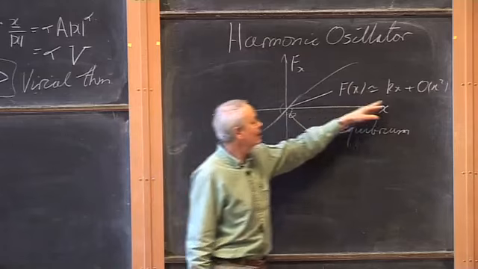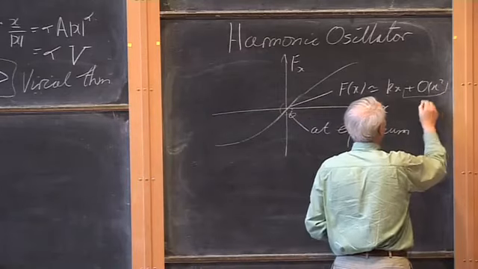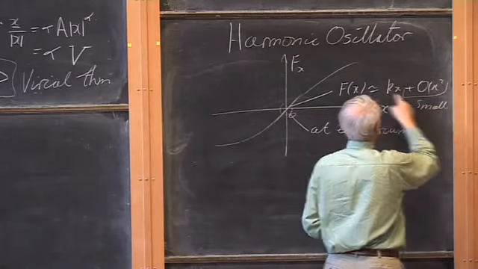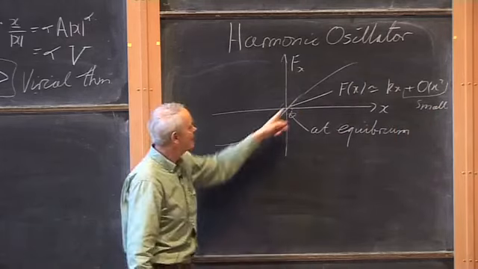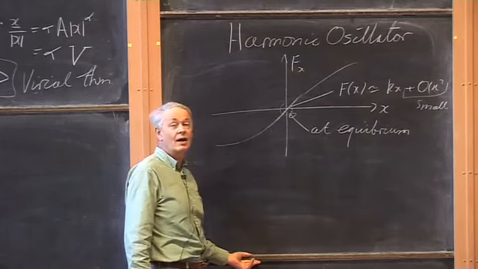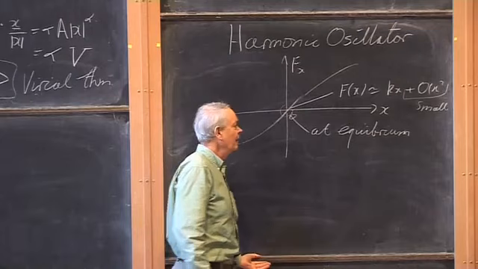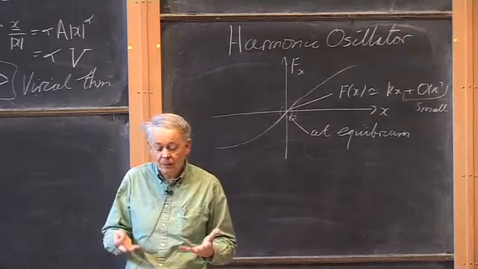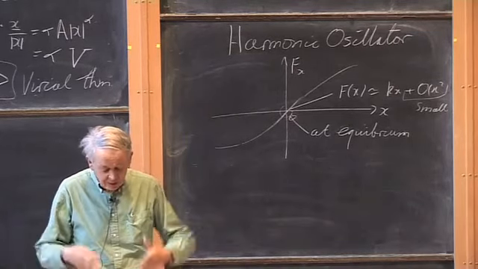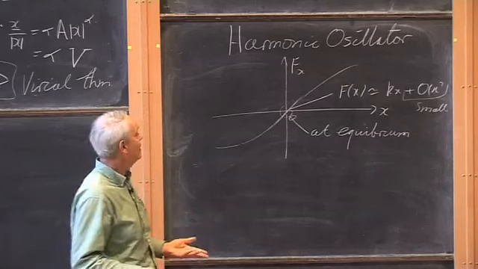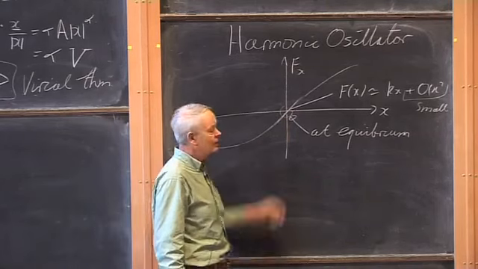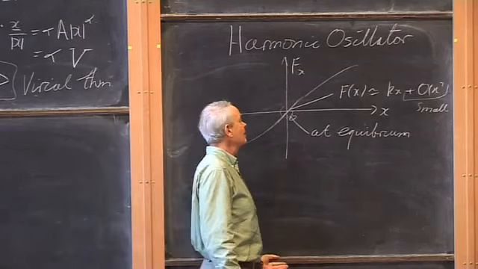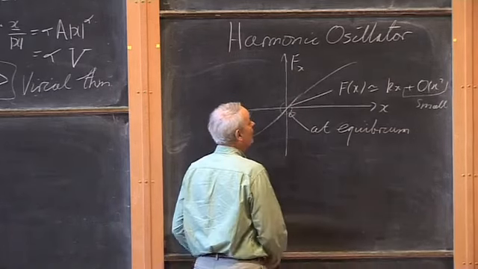And if we neglect this, if this is small, then we have harmonic motion for these small displacements around here. So this is why harmonic oscillators are ubiquitous, an incredibly valuable model we can use to understand many, many systems, because almost all systems for small displacements look like a harmonic oscillator.